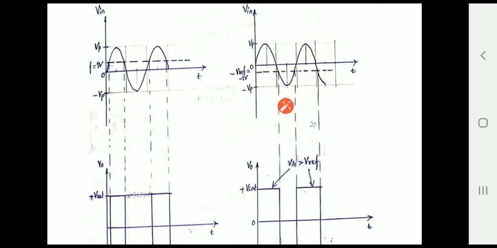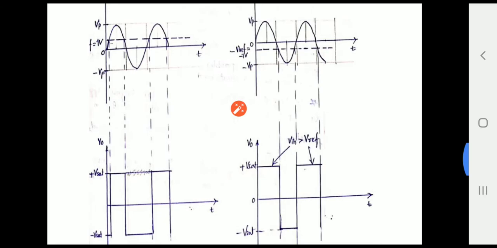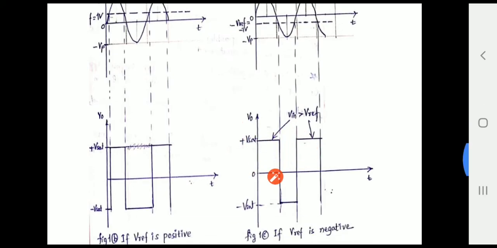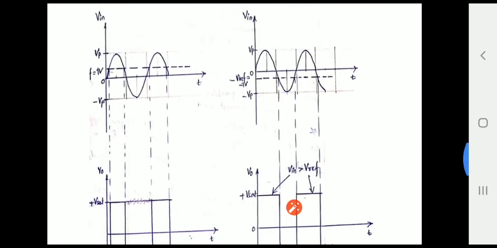Similarly, if I take it on the negative side, it will be exactly the opposite: the time period for the positive cycle is larger, whereas the time period for the negative cycle is lesser, because of the same condition. When Vin is greater than V reference, here is our V reference, for this time of the positive cycle and some part of the negative cycle, the output voltage V0 equals plus V saturation.